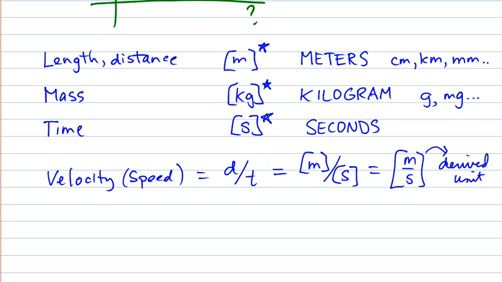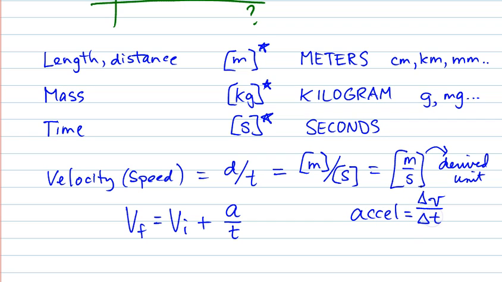Okay, so how does this work in the context of an equation? Let's say we have an equation, v final equals v initial plus acceleration divided by time. Acceleration, by the way, is basically a change in speed divided by a change in time. Don't worry about that, we'll talk more about the details later.